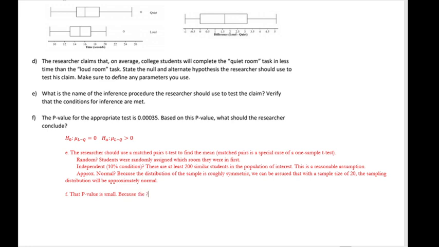Because the p-value represents the probability that a sample with a mean x bar of L minus Q or larger will be drawn from a population where mu of L minus Q equals 0.